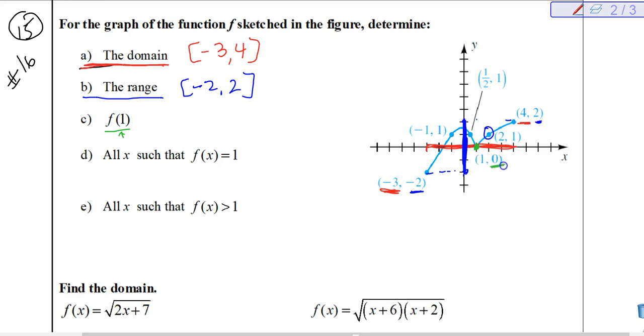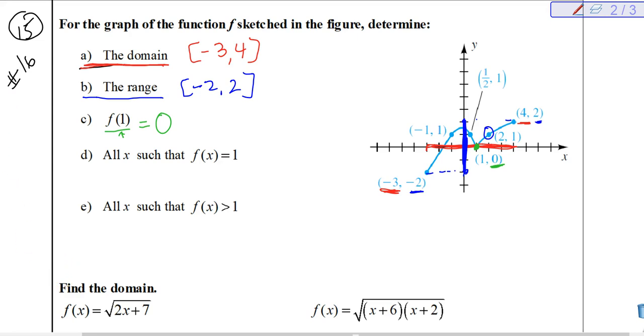What's my output? 0. That's right. So if my x is 1, my y is 0, and there's my solution for that. It's not an interval. It's just a value. Okay? So there's that one. You're going to have to maybe train yourself and be patient with yourself when you're learning these. They're a little bit frustrating. All right, let's go to the next one here.